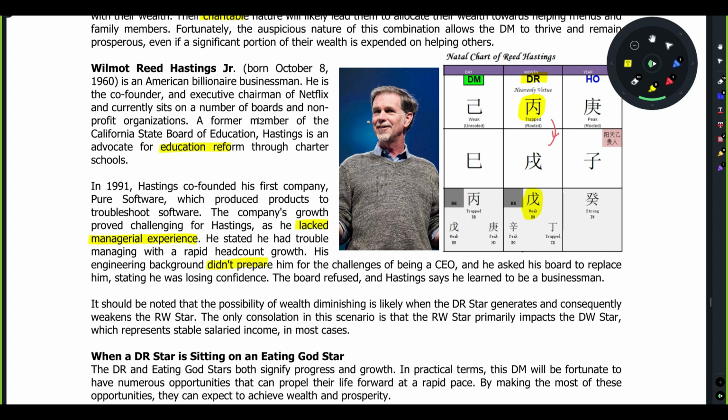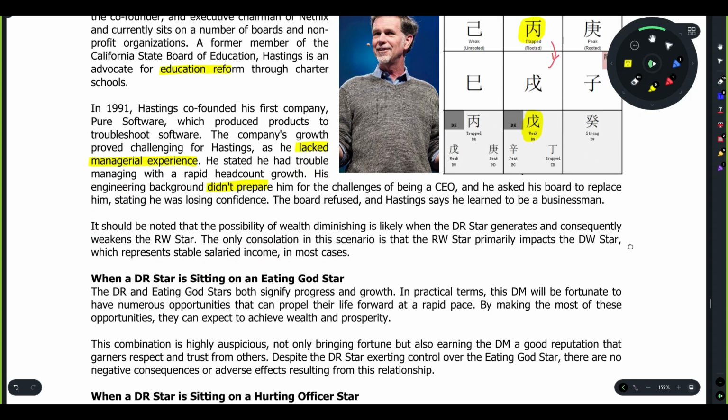But of course, the board refused, and he was then pushed to learn to be a business person. Therefore, this would be the case where direct resource are not very well suited to manage people. So therefore, that's one of the challenges that direct resource people need to be aware of.